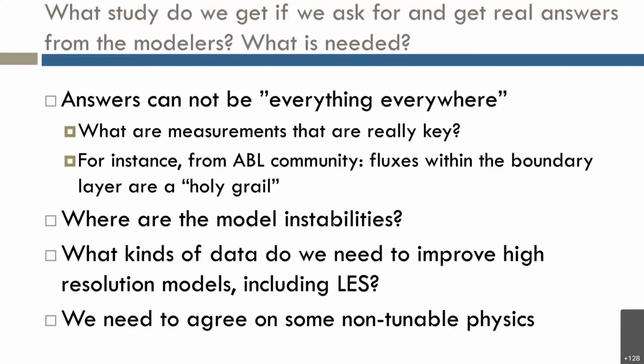In this case, we might need lots and lots of data for statistics. And at some point we also need to agree on some non-tunable physics. For instance, you can't make a coupled model and tune your flux parameterization to make the atmosphere seem right. We should have this discussion.